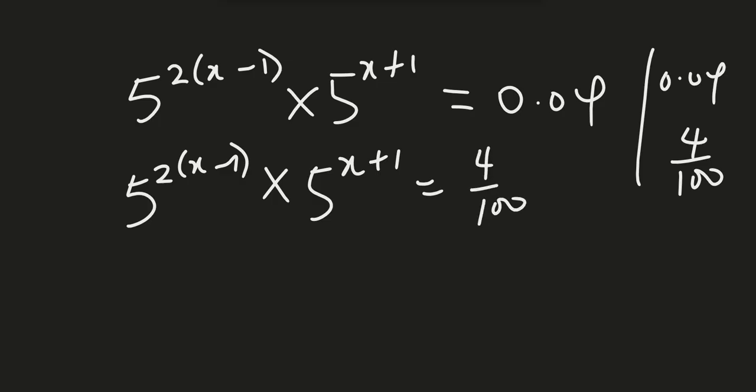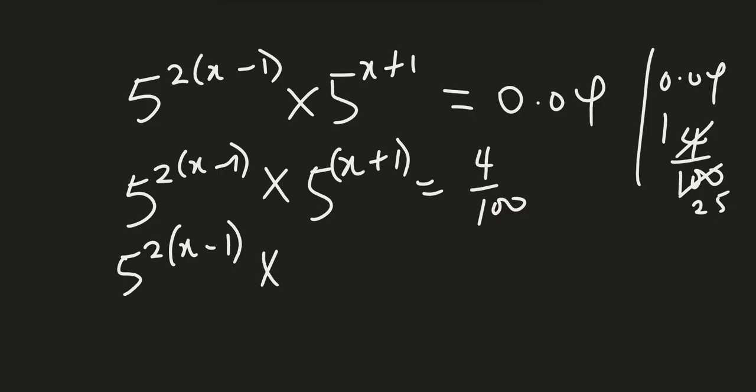Now, before we could cancel any values of 5 or anything, we have to balance this equation. So I'm going to bracket this to make it look well enclosed. Alright, so 4 over 100 can also be 1 over 25. So this is going to be 5 raised to the power x minus 1 times 5 raised to the power x plus 1 equals 1 over 25.